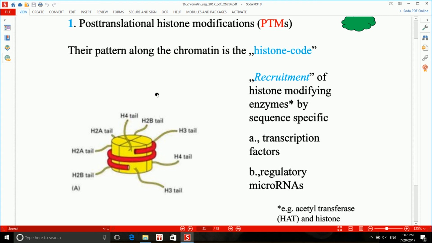So if they gave you a true or false question in the exam that phosphorylation inactivates the transcription, they probably mean that the main function of phosphorylation is inactivation, and that is definitely wrong. The process whose main job is to inactivate is methylation.